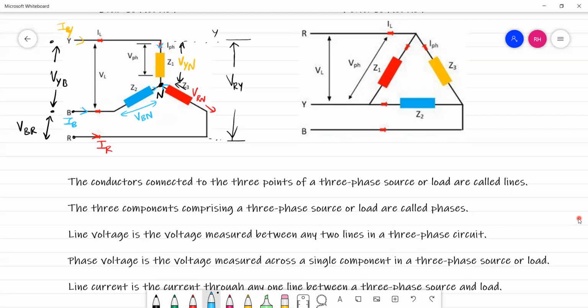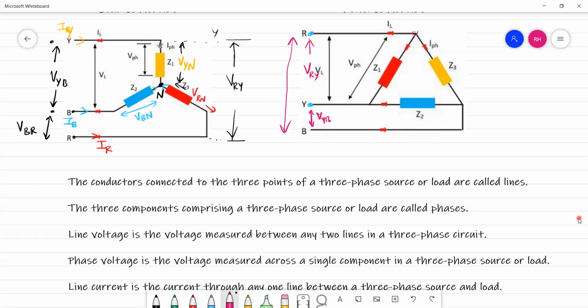Similarly, for a delta connected system, the line voltage is the voltage that is measured between any two lines, and VRY, VYB, and VBR are the line voltages.